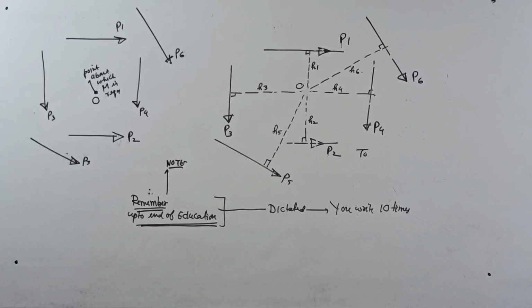You are studying engineering. You should know perpendicular means at 90 degrees to the line of action of the force. Somebody in high school will tell you, if the force is horizontal, perpendicular is vertical. If the force is vertical, perpendicular is horizontal. Whereas if the force is inclined, the perpendicular also will be inclined.